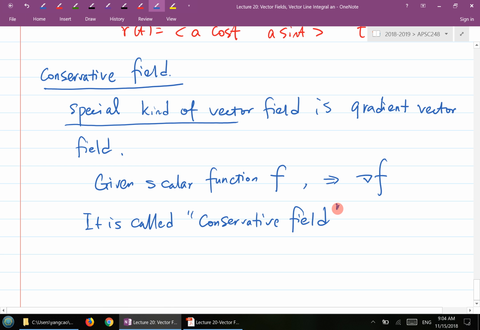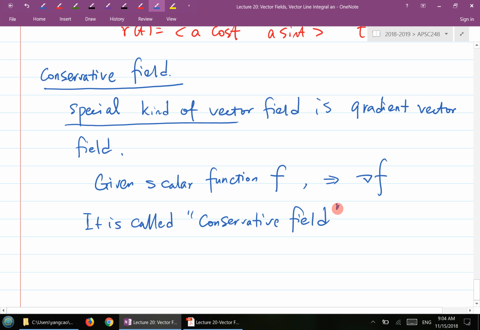Can you give me an example of a conservative field? No? Where are we living on? Gravity. Not just gravity, it's called the gravity field. Gravity field is conservative.